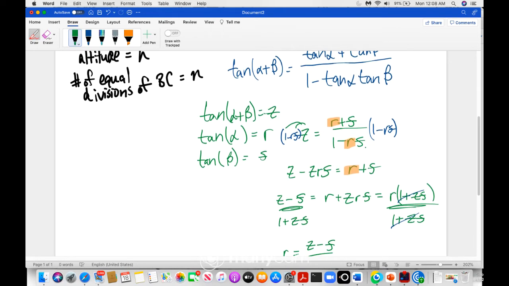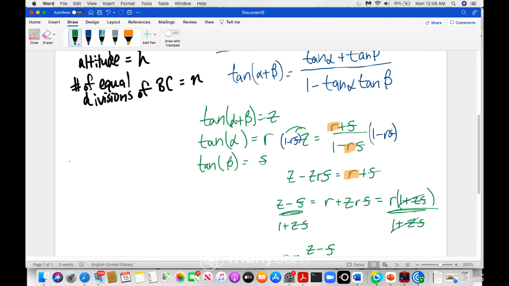Okay, but what we learned from here is that tangent of alpha equals tangent of alpha plus beta minus tangent of beta, all divided by 1 plus the product of tangent of beta and tangent of alpha plus beta.